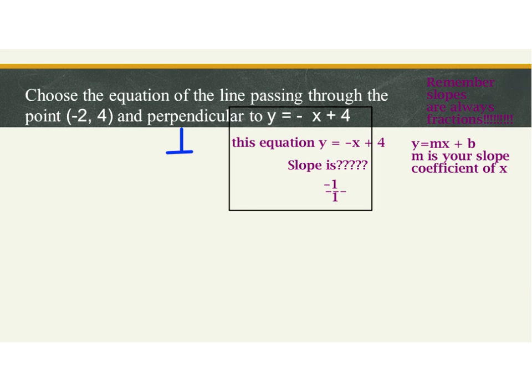Right? Now, we need to find a perpendicular line. So we need a perpendicular slope.